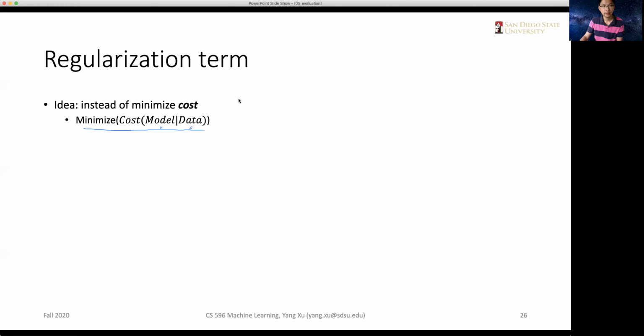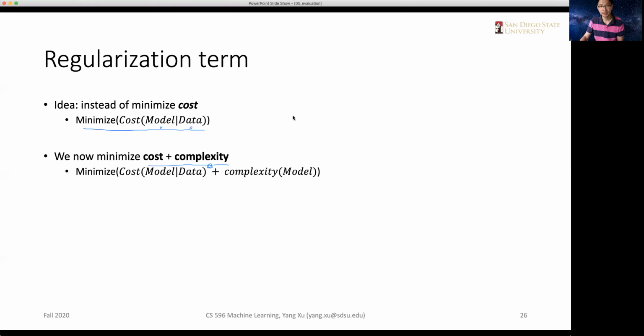We now minimize the cost plus the complexity. Okay, so this complexity is a measurement of the magnitudes of the model, a measurement of how big the parameters in the models are. So it can be quantified using the complexity term here.